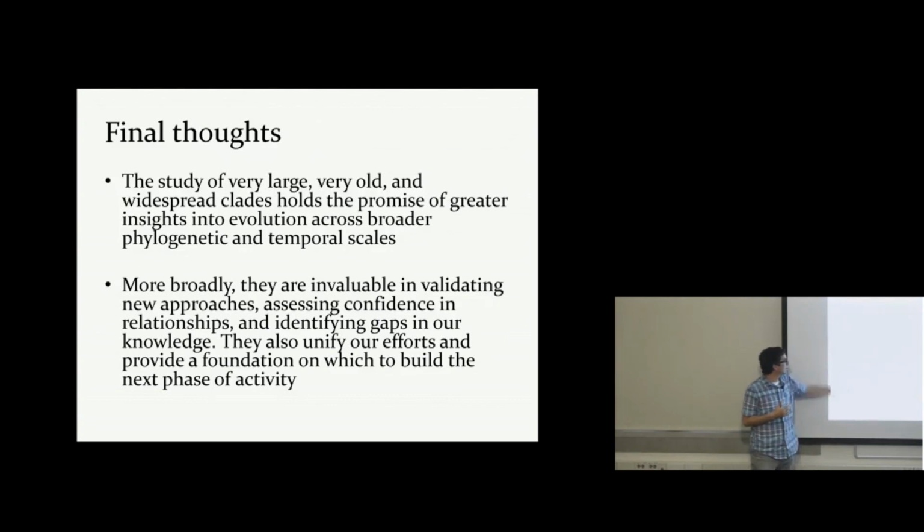And I think looking at this large scale is also invaluable because it validates new approaches, like the hidden rates model. They allow us to develop interesting models and help evaluate them. Looking at these large trees also helps us assess confidence in relationships. I also think they help us identify where we might need to improve our knowledge. And I think they also unify efforts, and they build a foundation to do new, more promising work.